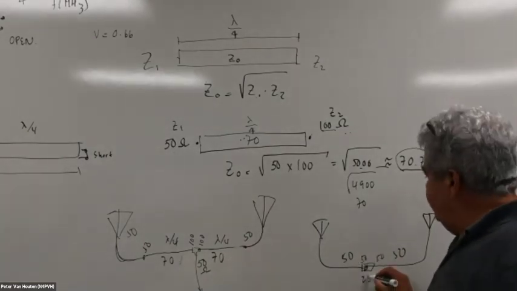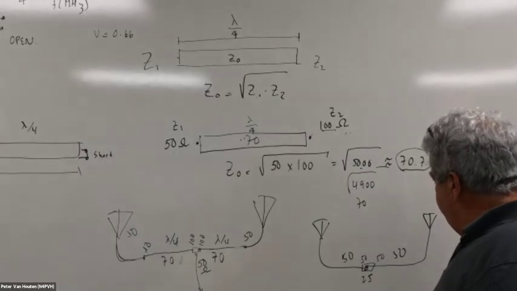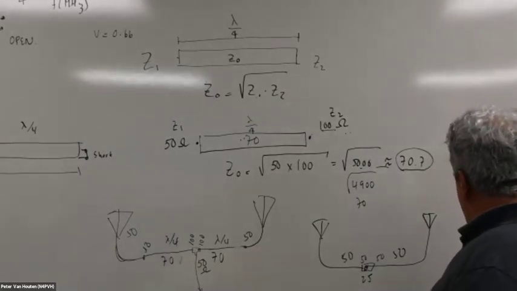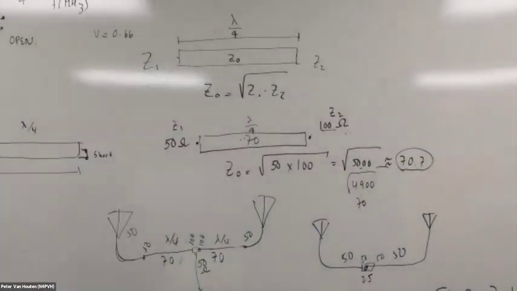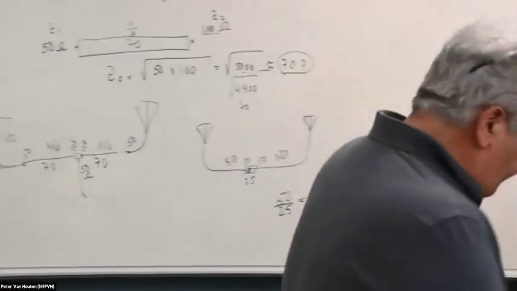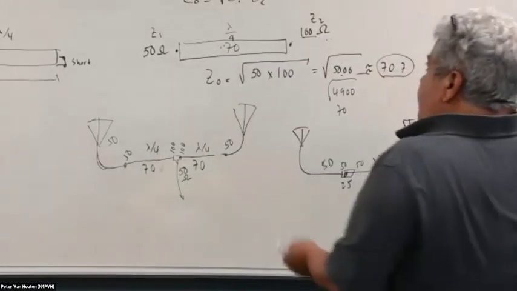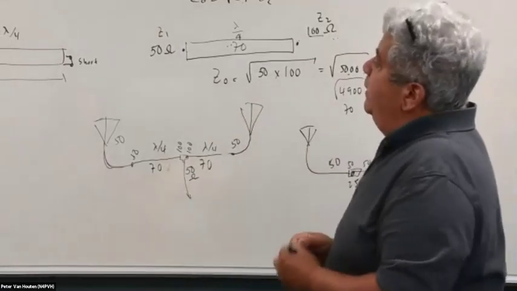That will give me 25 ohms, and 25 ohms against 50 ohms, the SWR is going to be 2 to 1. A mismatch. Okay, that was what we talked about last time, and a little bit of the application of this property of the quarter wave line with a coaxial cable.